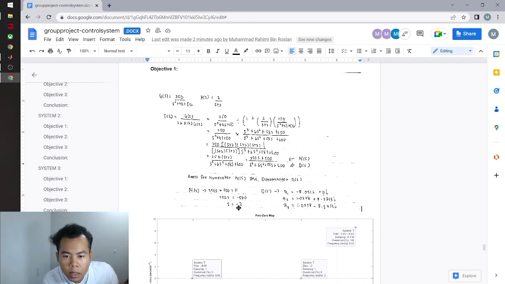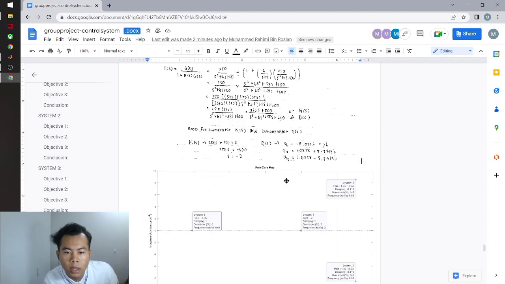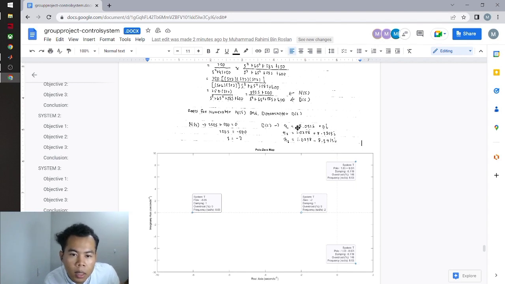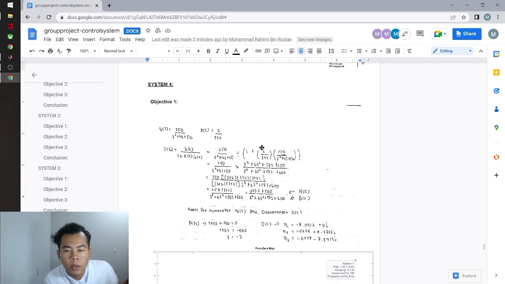We can get the zero s equal to -2, and for the denominator we can see x1 equals negative 0.316 plus imaginary number 0, x2 equals 1.0258 plus imaginary number 8.3713, x3 equals 1.0258 minus imaginary number 8.3712. And the second one, using MATLAB, we can get the values on the graph, which are the same as the mathematical solution.